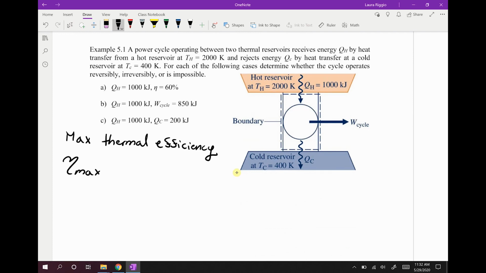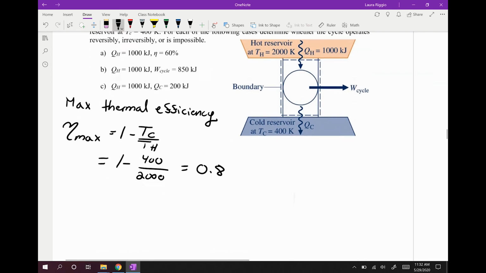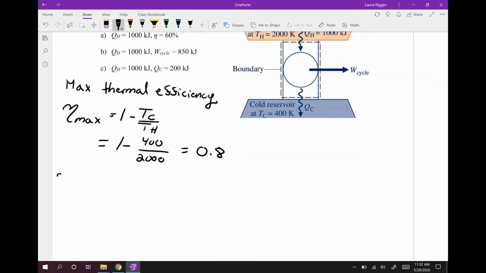Our maximum efficiency is 1 minus Tc over Th, which is equal to 1 minus 400 over 2000, which is equal to 0.8. So the first case, we're given that QH is equal to 1,000 kilojoules and our efficiency is 60%. This one's pretty simple.